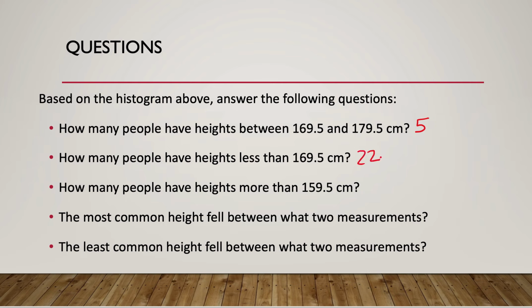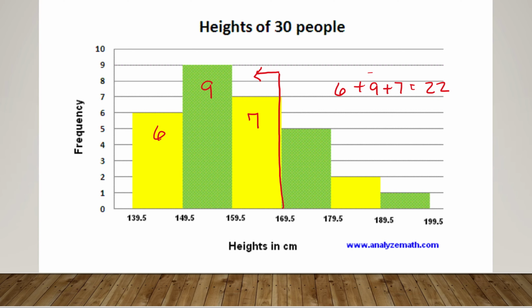The next question says, how many people have heights more than 159.5? I'm going to go back to my graph. More than 159.5. I'm going to do the same thing. I'm going to find 159.5, which is here.